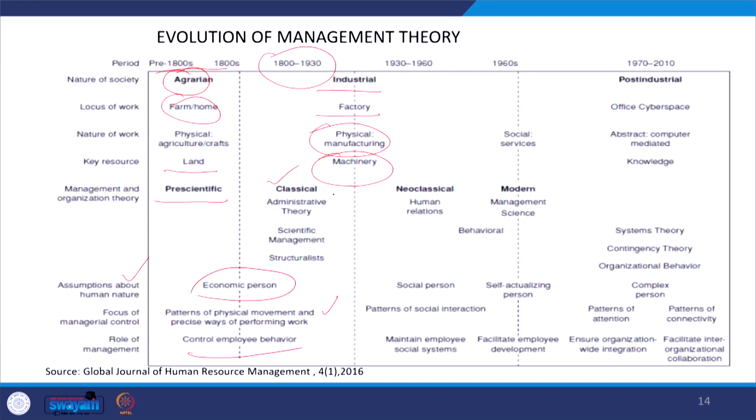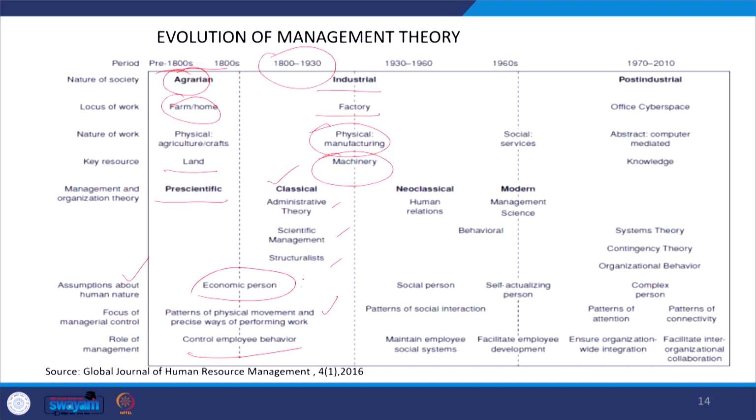The classical theory, generally the administrative theory, scientific management theory, and the structuralist approach, the structures of an organization, division of labor, these concepts dominated during the classical theory of management.